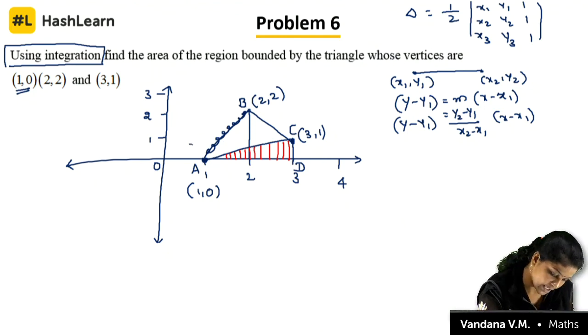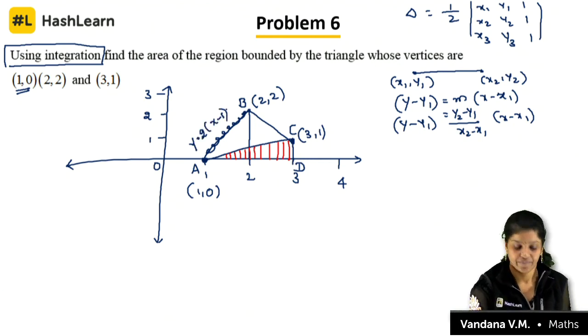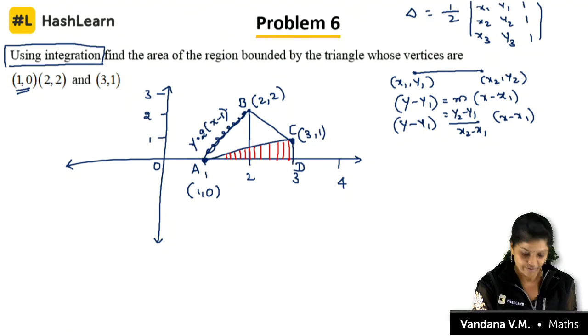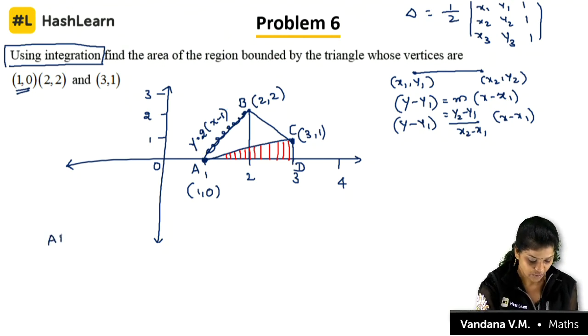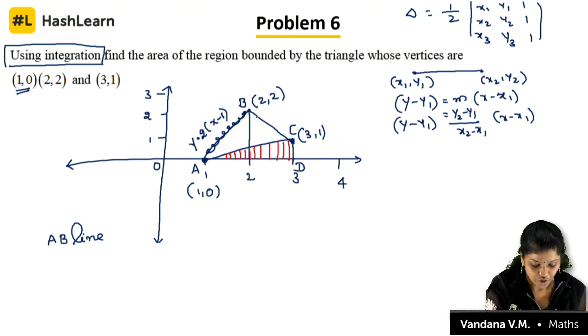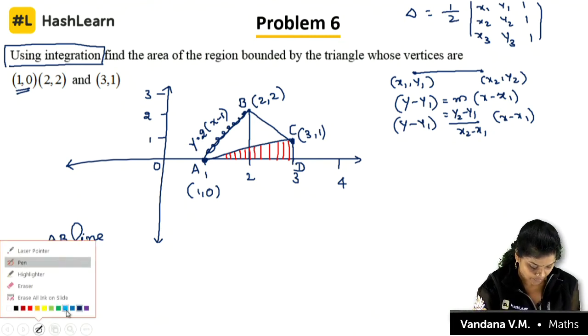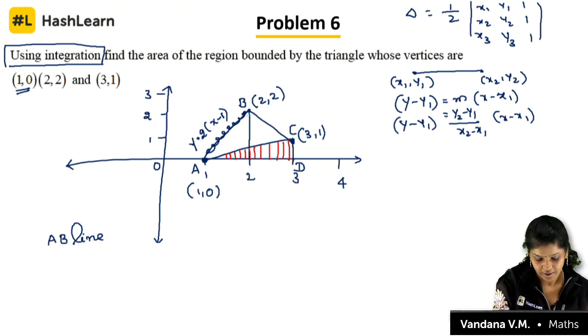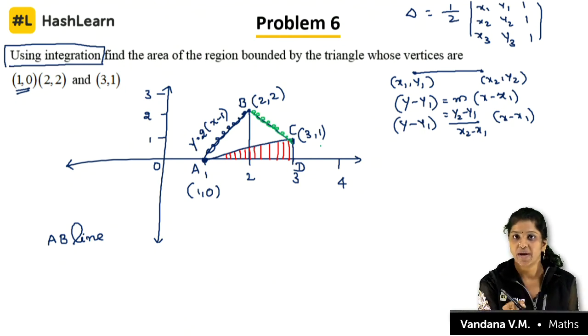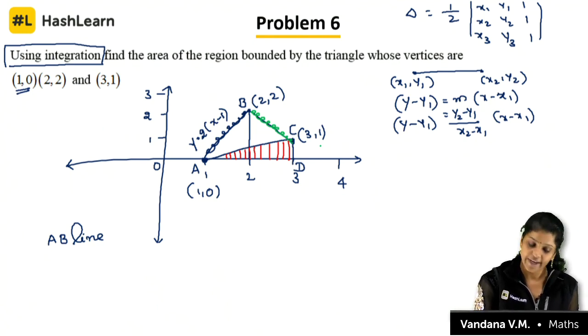So you have to get y is equal to 2 into x minus 1, this line equation, the AB line equation. In the same way, you find out the equation of BC. Same thing, y minus y1 is equal to m into x minus x1.